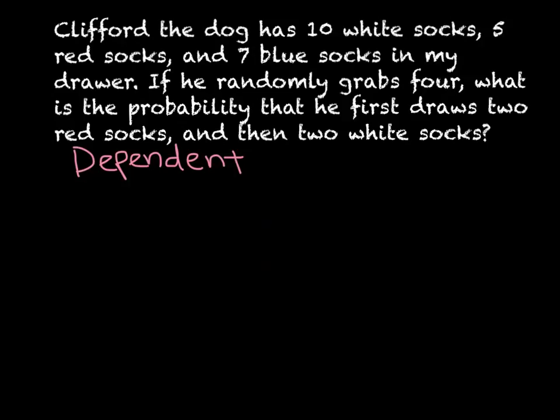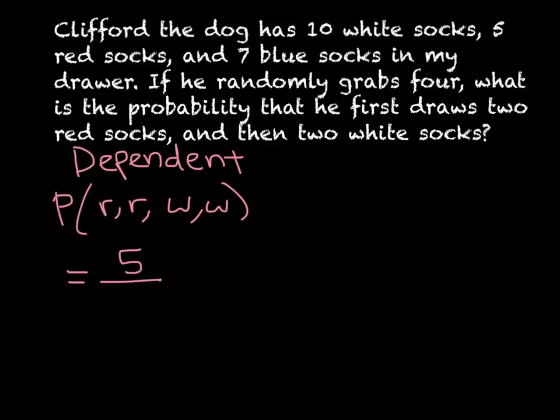Okay, so the probability that he gets red, red, white, white is equal to the number of red socks, 5, over the total number of socks, 22, times, now there are only 4 red socks left, and 21 total.